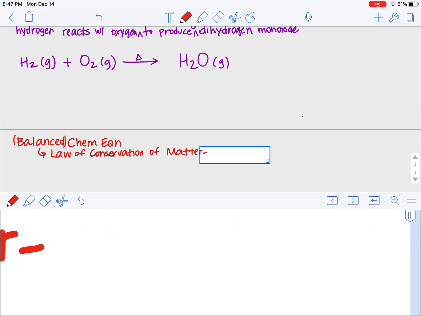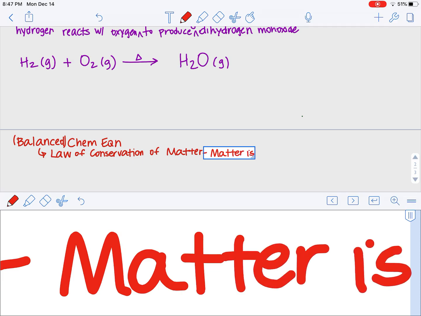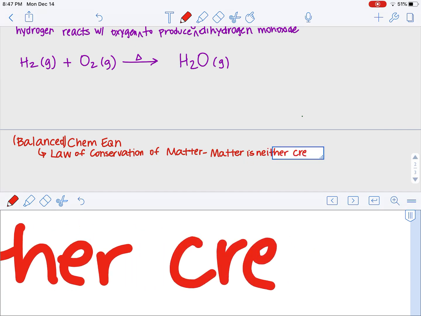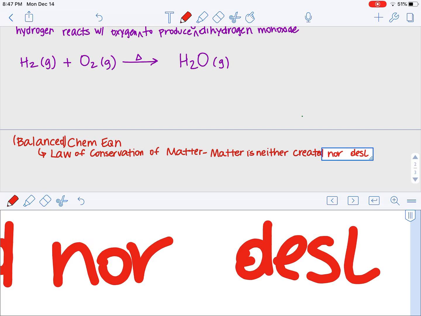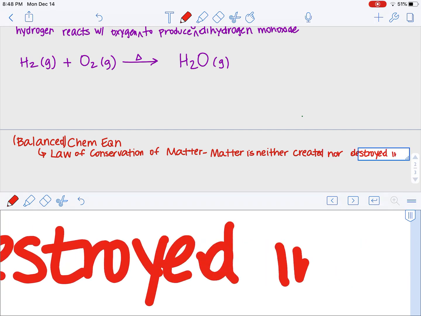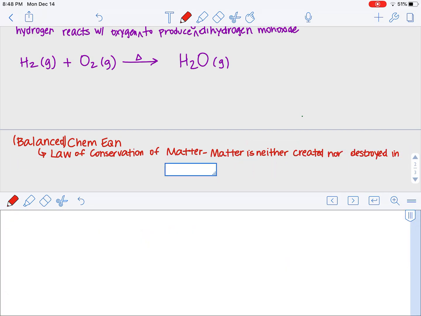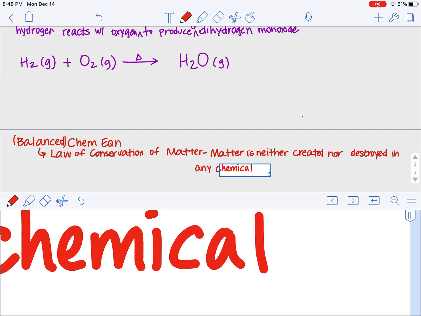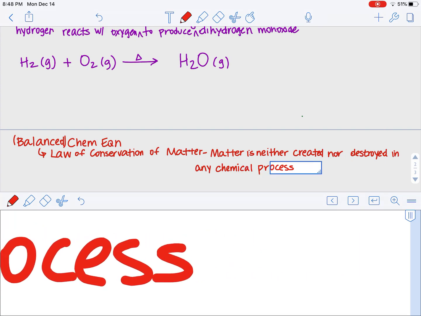The law of conservation of matter states that matter is neither created nor destroyed in any chemical process.